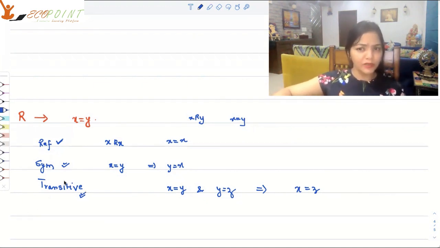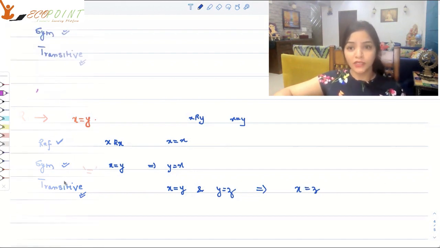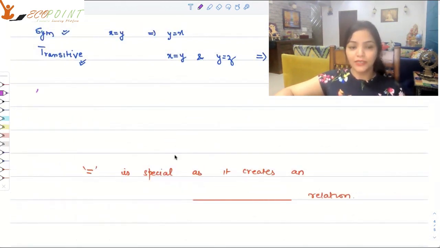So this particular relation equal to is a very special relation. It is satisfying all the 3 properties: reflexivity, symmetry, and transitivity. Equal to is special as it creates something called an equivalence relation.